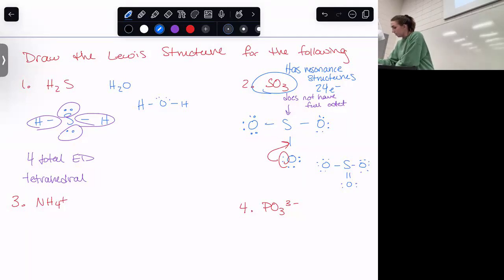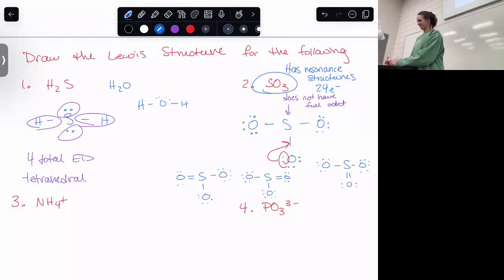What could we draw? Awesome, right? We can change the double bond so that it's on the left-hand side, or we can change the double bond so that it's on the right-hand side. So we have 3 total resonance structures between the 2 of them.